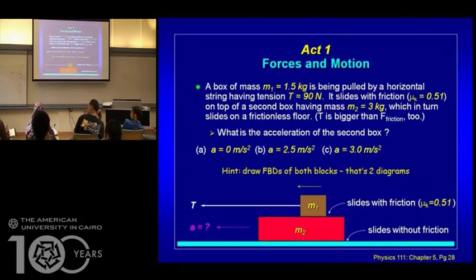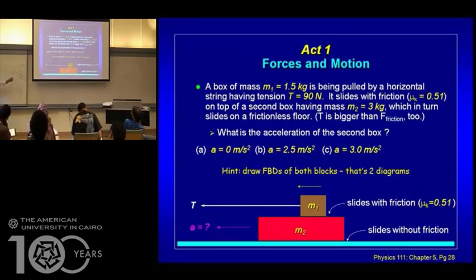Yes, if we know the frictional force. Do we know the frictional force? So from that equation, no, we cannot. We have to find what the frictional force is.